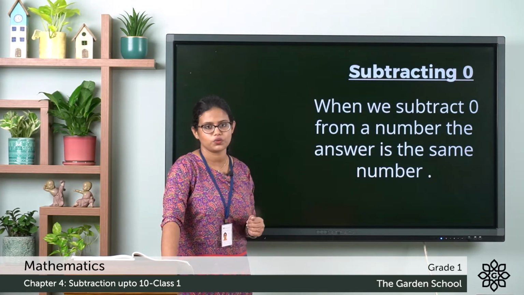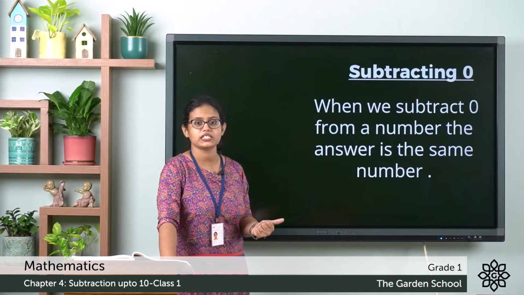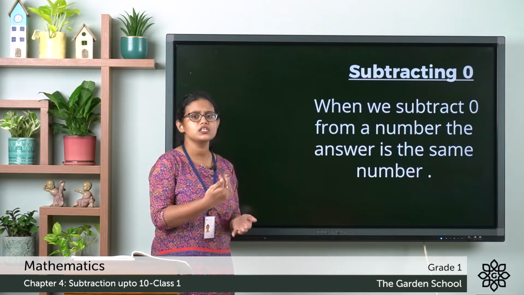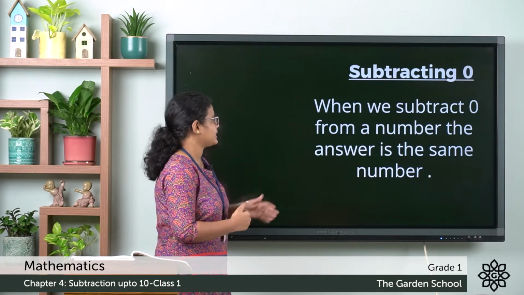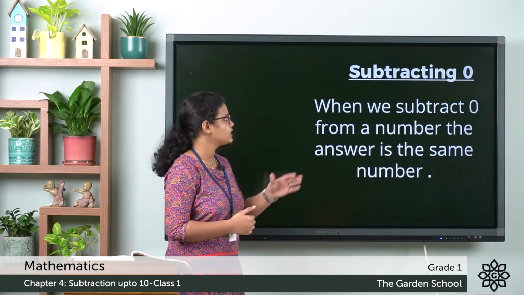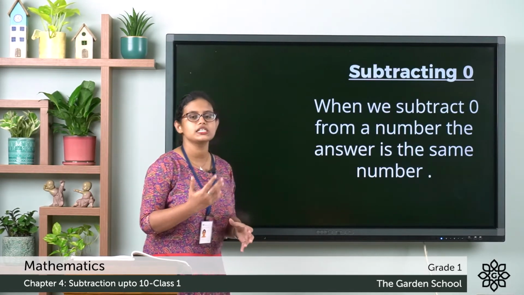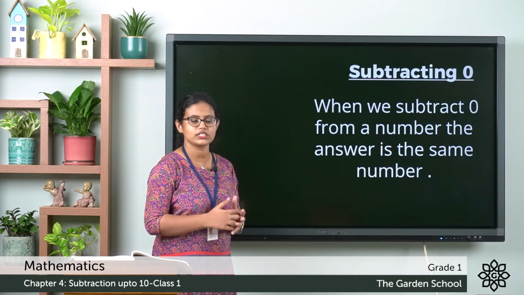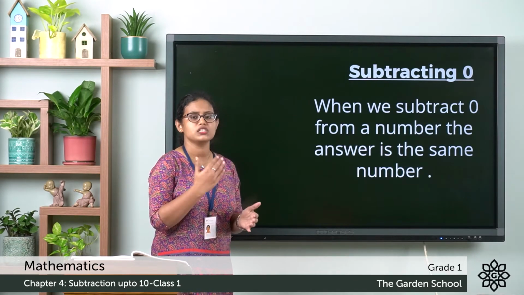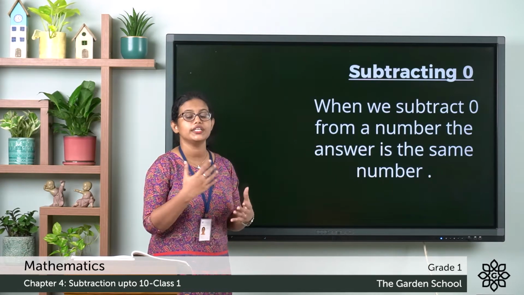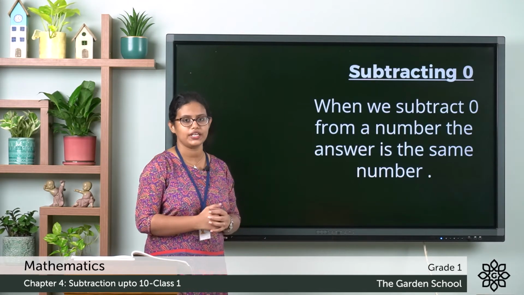See the next one. Subtracting 0. We learned subtracting 1 from a number. Now let's see subtracting 0 from a number. When we subtract 0 from a number, the answer is the same number.